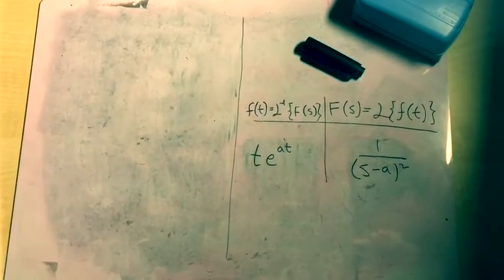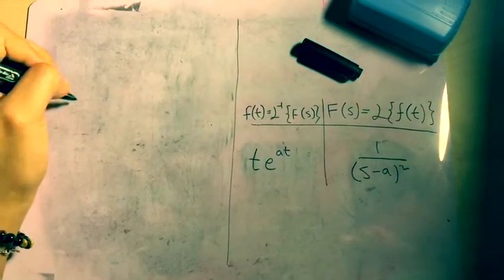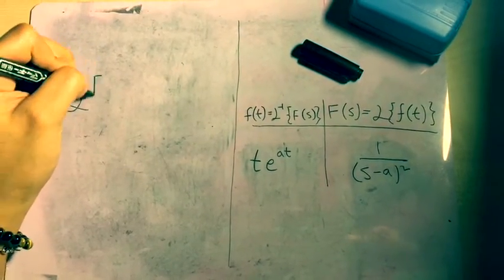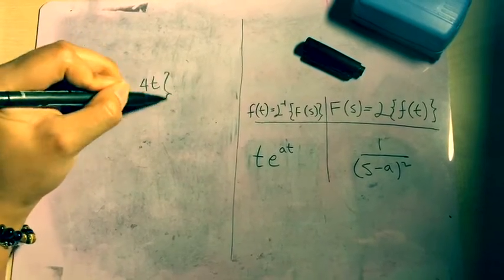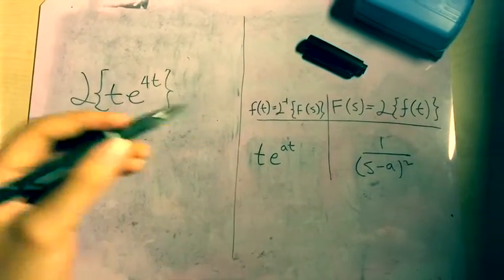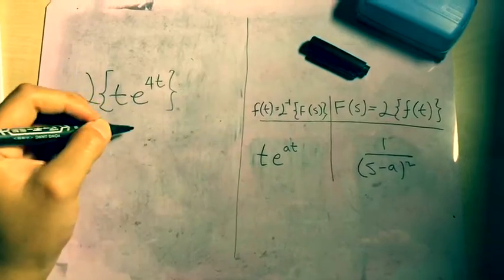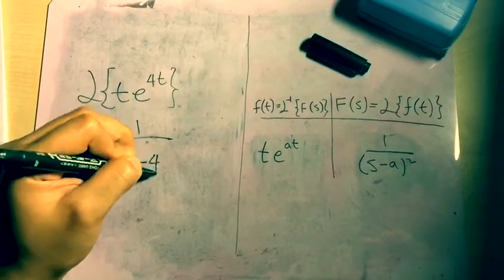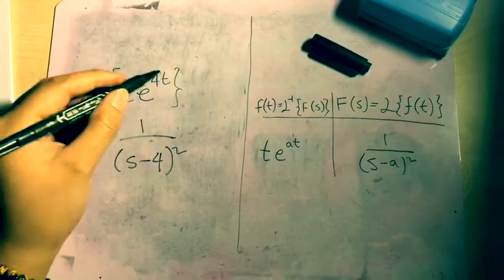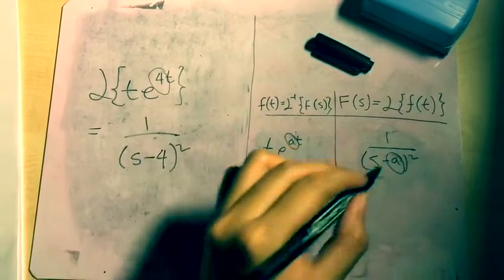Here we look at another function that is straightforward. If you were asked to find Laplace transform of t e to the 4t, that would equal to, just punch in whatever you see, s minus 4 squared, replacing a with 4.